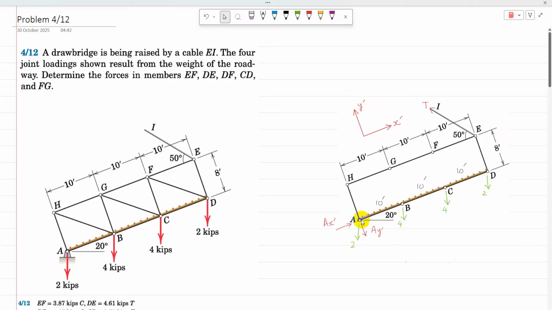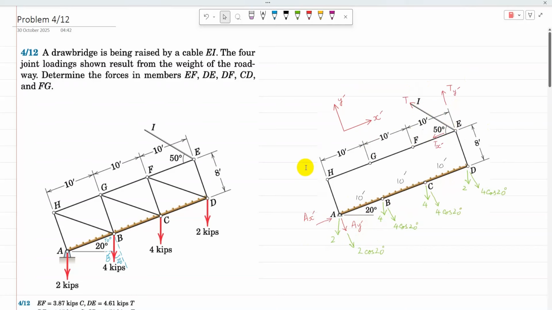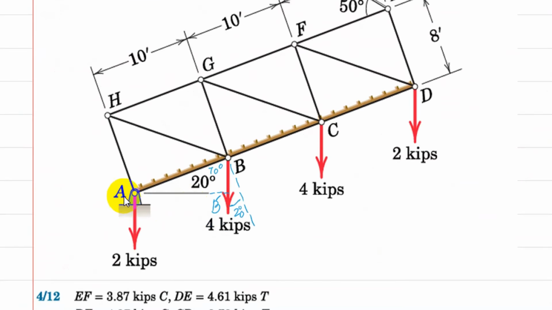Now to apply the conditions of equilibrium, it is necessary to resolve the given loads along the y-axis, and then the tension along the x-axis and y-axis. If I consider the triangle ABB dash, the angle BAB dash is 20, so that's the angle perpendicular at B dash.